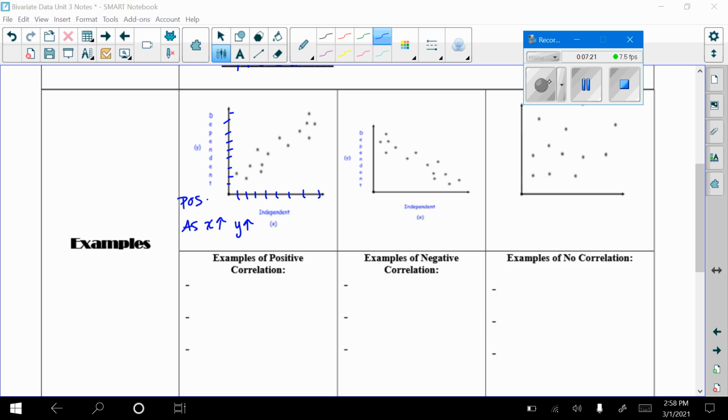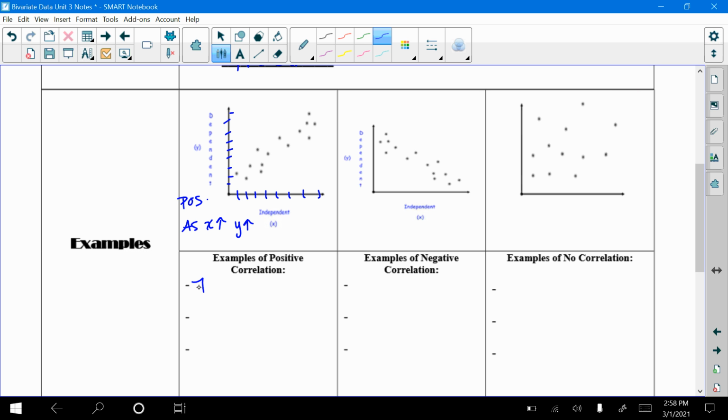All right, so this is a positive correlation. Basically, something like the more hours I work, the more money I make. Basically, as one goes up, the other goes up. And you can come up with a whole bunch of them that we did in class.